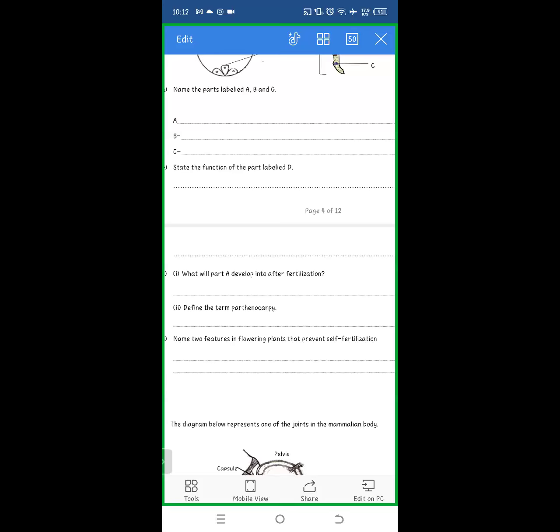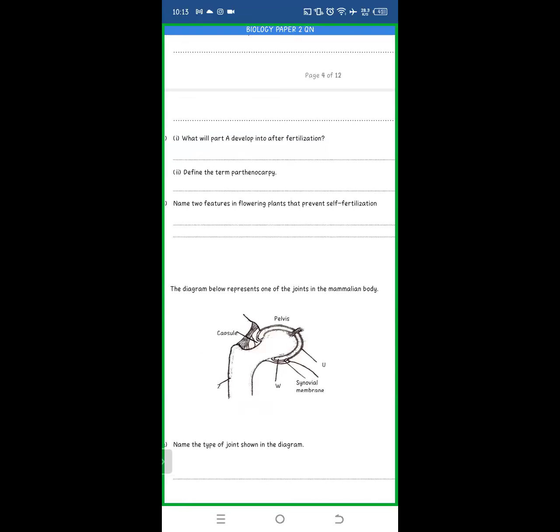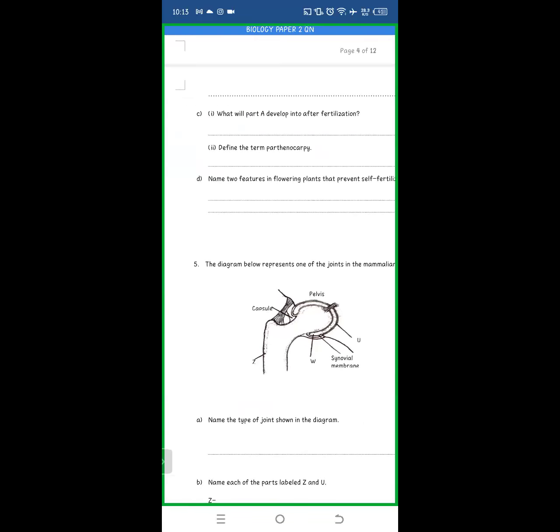And of course, you have self-sterility. Something sterile is not able to fertilize. Self means an individual. So the anthers from the same plant cannot fertilize the ovule, or cannot germinate on the stigma of that same plant. And those are the features that we have.